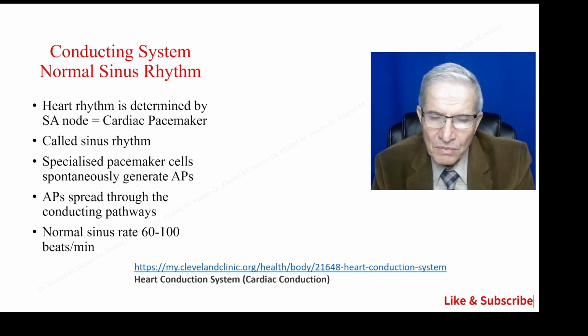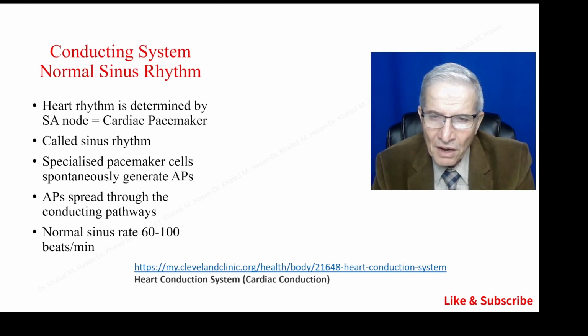It consists of specialized pacemaker cells that spontaneously generate action potentials. The action potential spreads through the conducting system pathway, and the normal sinus rate is between 60 to 100 beats per minute.